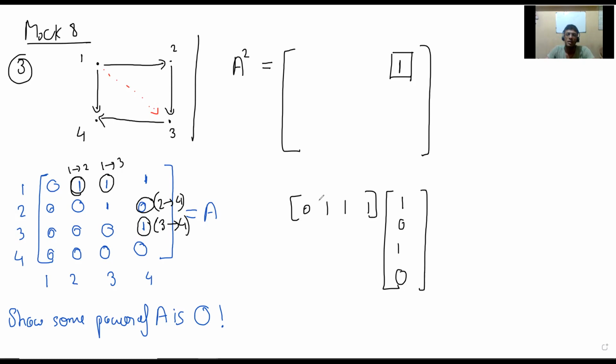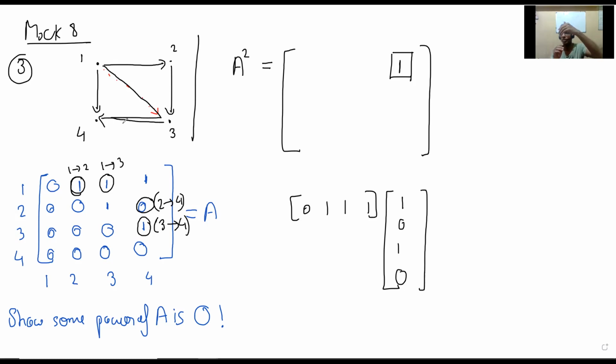Right? Exactly. And those are the only kind of things which will contribute to a path in a square, right? Any path of length 2 is gotten like this only, right?